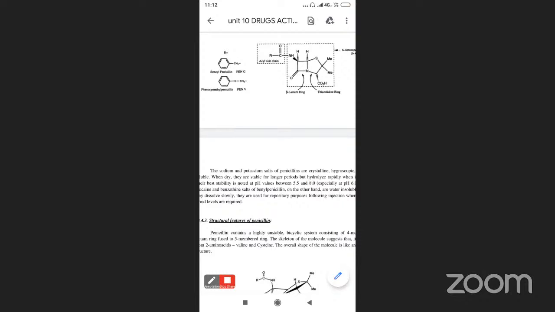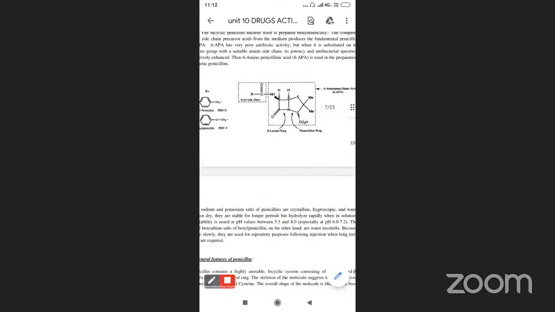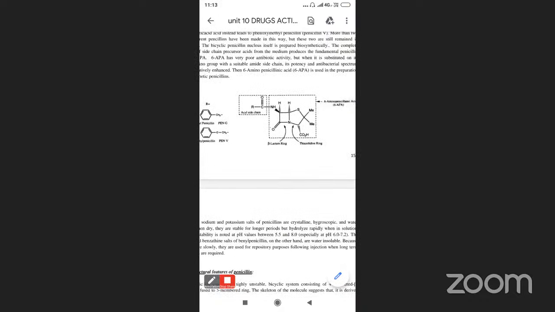You see this particular penicillin is having a thiazolidine ring, right? Thiazolidine means it has the thiazole, because this is nitrogen and sulfur in a 5-membered ring.